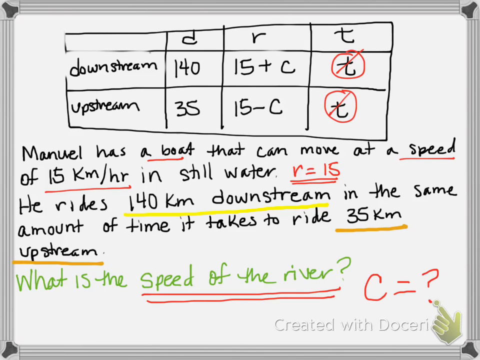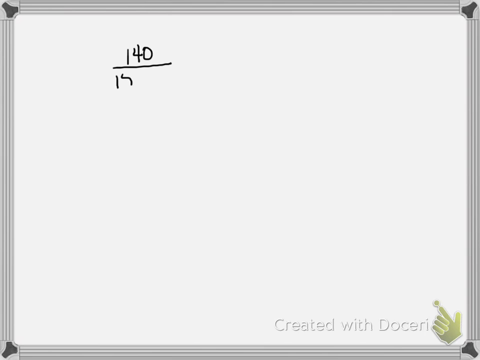Therefore, we can discount the time because we're going to look at the ratio of distance to rate. So let's write that as the ratio of 140 to 15 plus c, which is equal to 35 to 15 minus c. So we have a proportion, and we're going to cross multiply to solve for this.